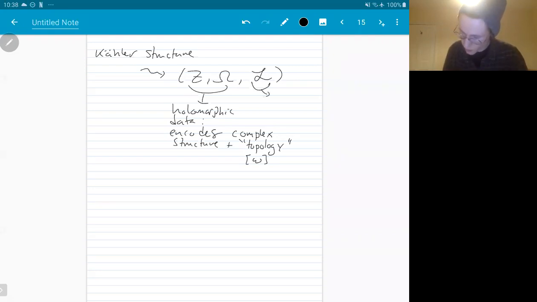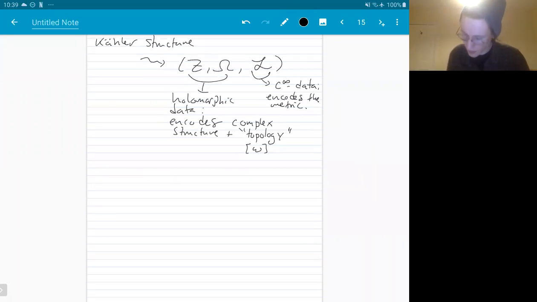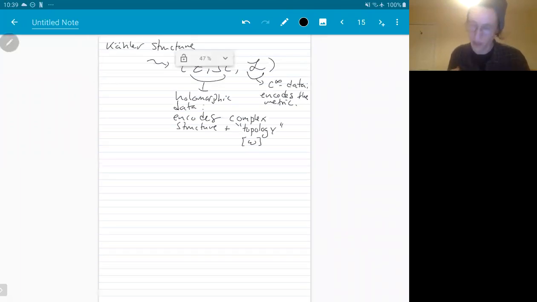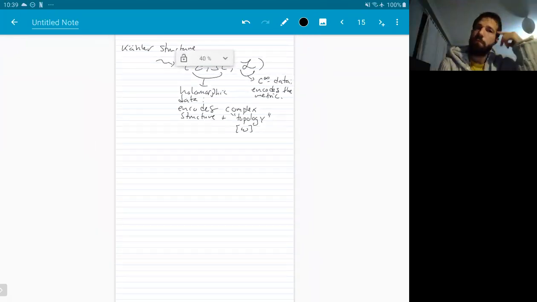And then the extra structure is real, or smooth, C infinity data. And this is what encodes the metric. So this is another way of splitting up a Kähler structure into some underlying holomorphic data and some underlying smooth data. And we can vary each of them independently. And this is the picture that generalizes to the setting of generalized Kähler structures of symplectic type.